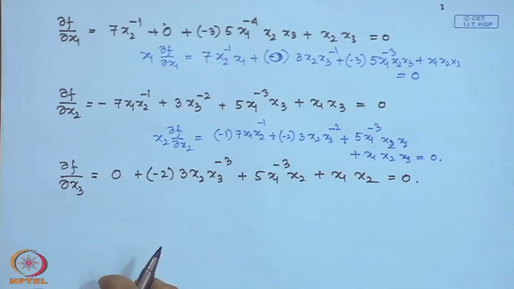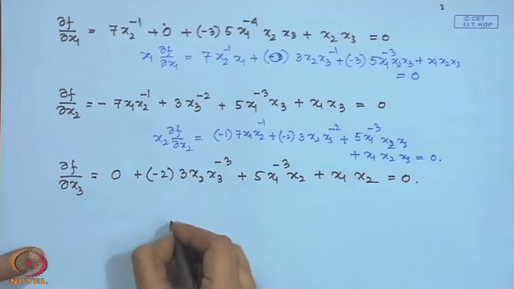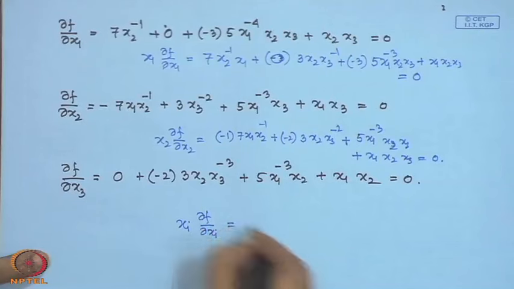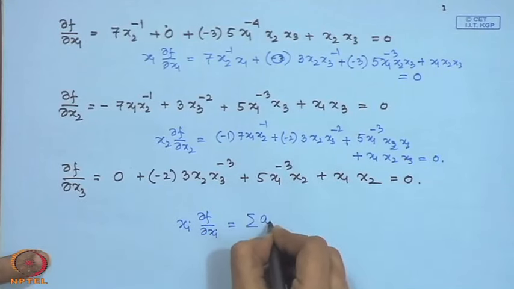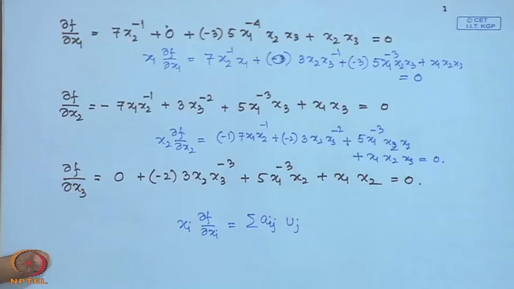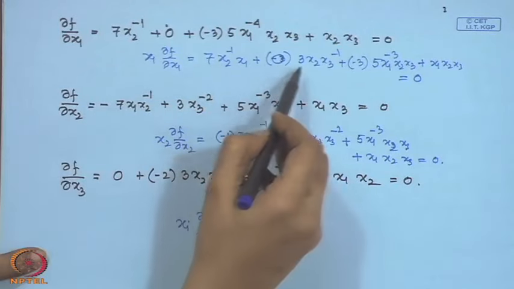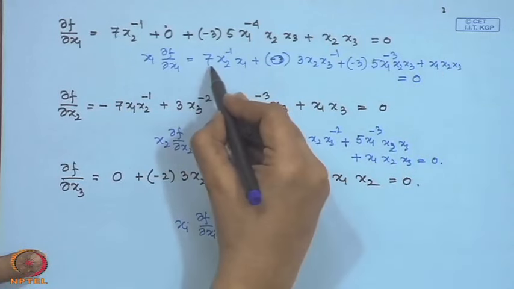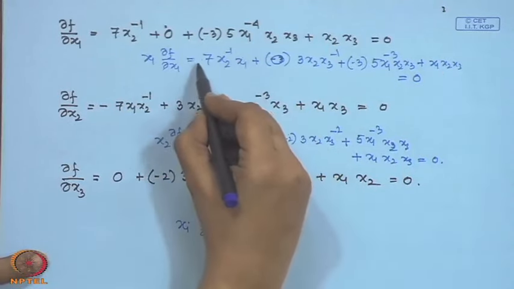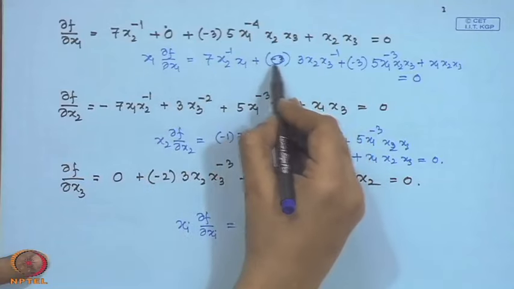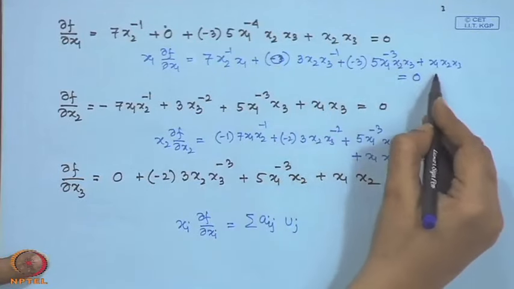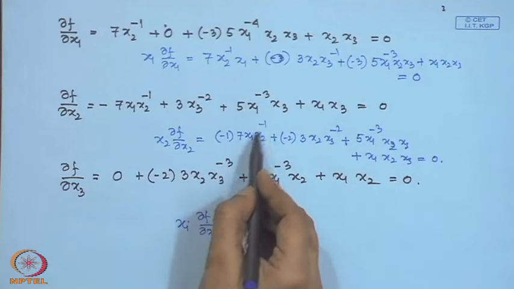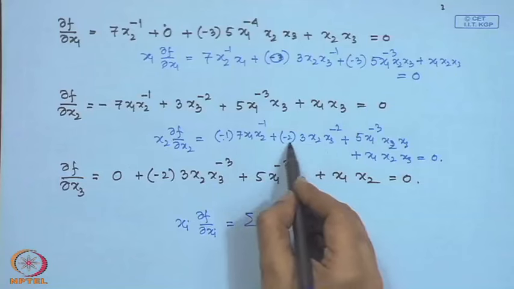As we have seen, the functions x i del f by del x i are in the form of summation of a ij u j, where this is u1, this is u2, this is u3, this is u4, and we have just considered the coefficients. Here the coefficient of x1 is 1, the coefficient of x1 is 0, the coefficient of x1 is minus 3, the coefficient of x1 here is 1. Similarly, in the next, the coefficient of x1 is minus 1, the coefficient of x2 is minus 2, and in this way.